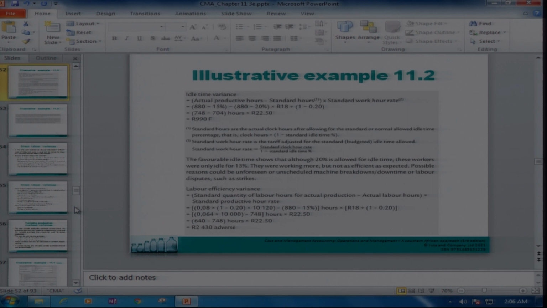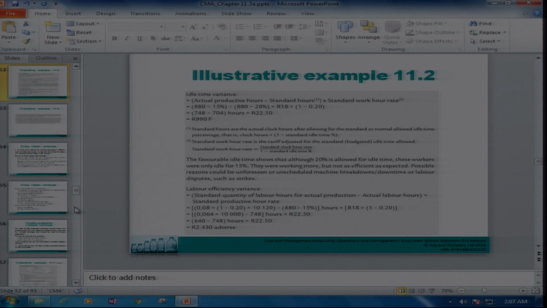And then for the standard hours, we'll still use the 880 because remember we are comparing at the same level. But according to the budgeted information, we have planned that 20% of the time the employees will be idling. So we'll then say 880 minus the 20%. So according to the budgeted information, the employees were supposed to be productive for only 704 hours. Multiply by the rate.